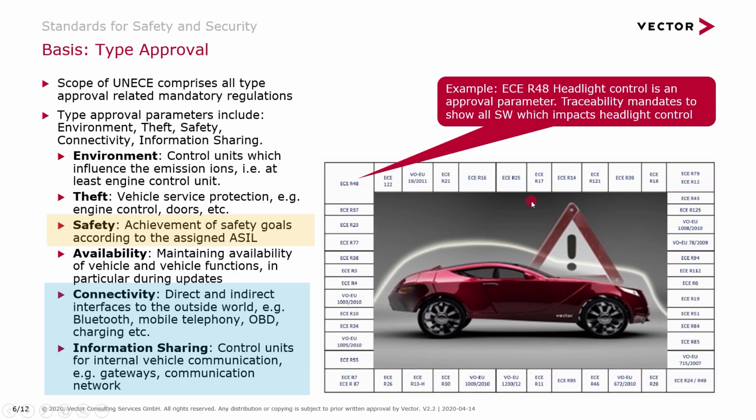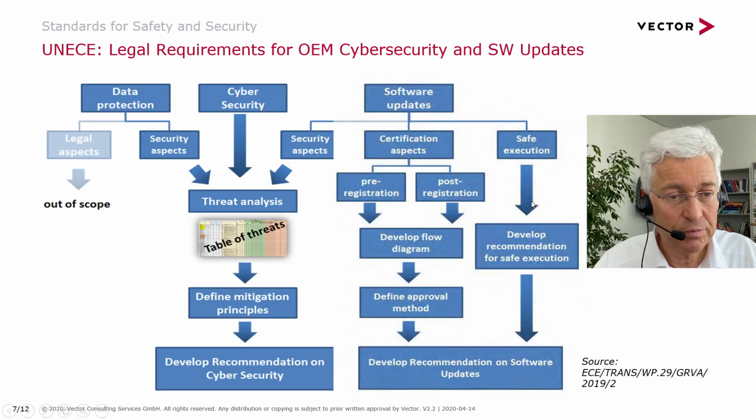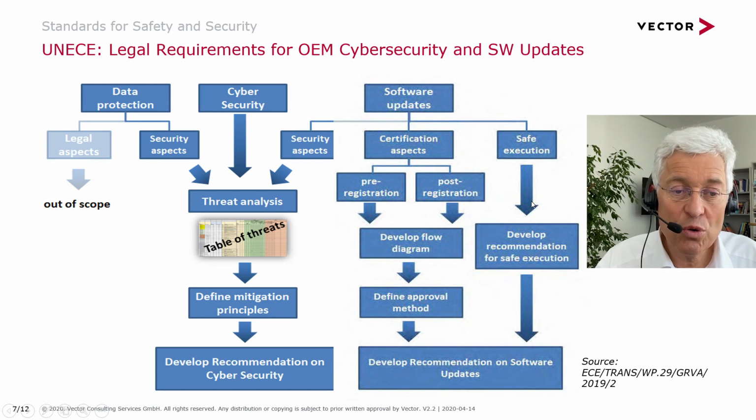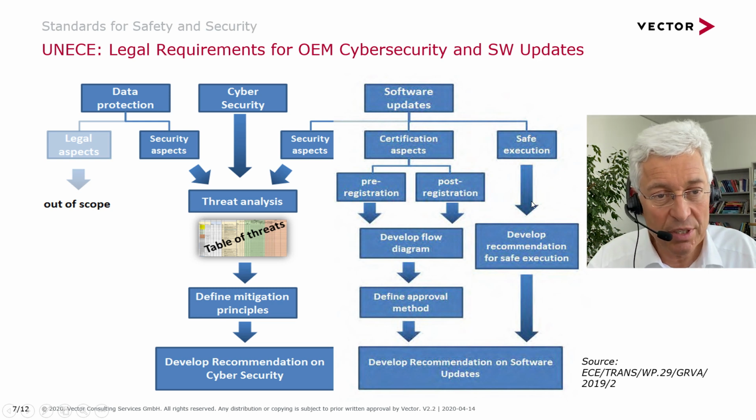I marked two areas because this is what we talk about in this presentation: safety on the one side and security on the other, because that is where we can clearly see how it is going to be implemented. Let us look into what the UNECE says about these type approval related activities.